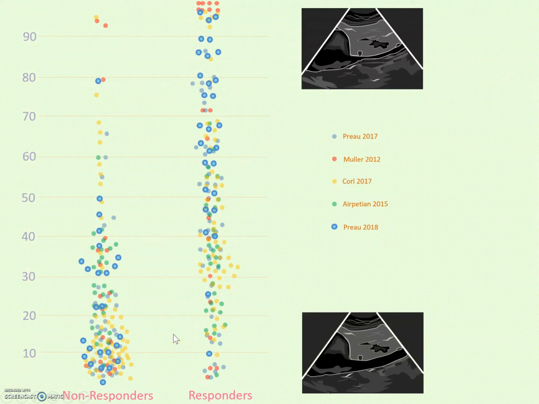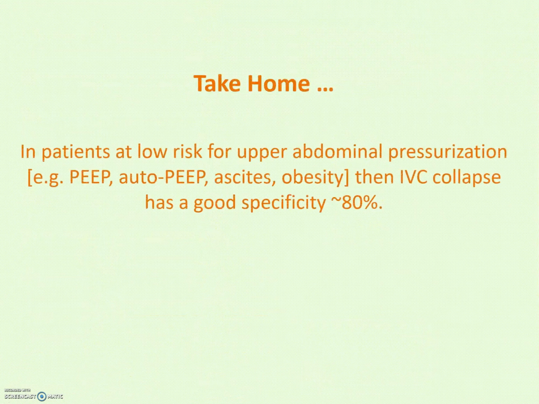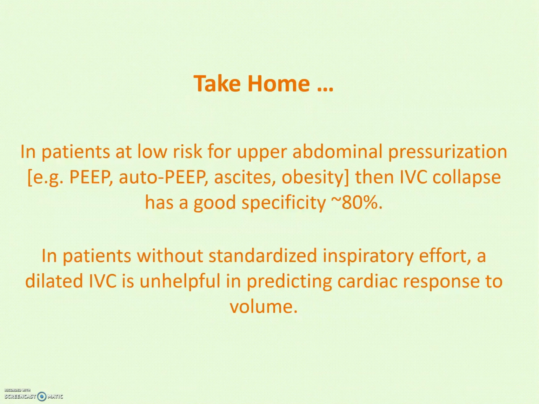Again, completely conjecture. So the take-homes here: in patients at low risk for upper abdominal pressurization, so they don't have PEEP, no auto PEEP, no ascites, no intra-abdominal hypertension, no obesity, then IVC collapse has decent specificity, and it completely mirrors what was seen with CVP data. In patients without standardized inspiratory effort, a dilated IVC is unhelpful in predicting a cardiac response to volume.